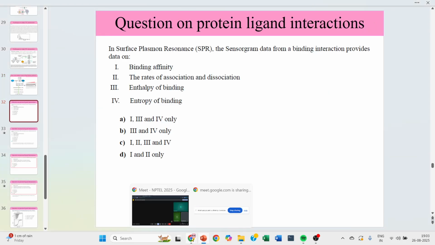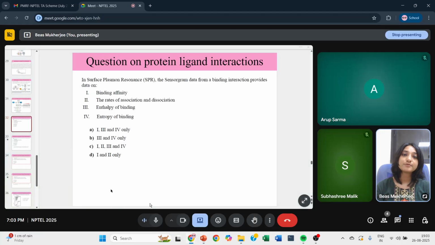Okay. Now there is this question on surface plasmon resonance. You can try to answer this. In surface plasmon resonance, the sensogram data from a binding interaction provides data on: the first one is binding affinity, then rate of association and dissociation, enthalpy of binding, entropy of binding. Which of these do you think can be interpreted from SPR sensogram data?